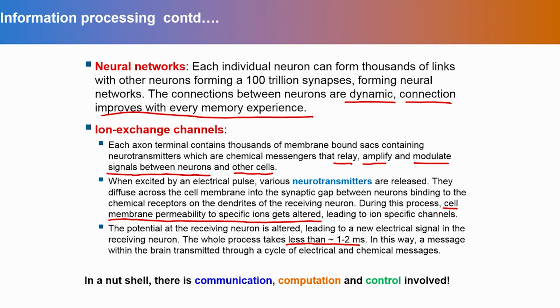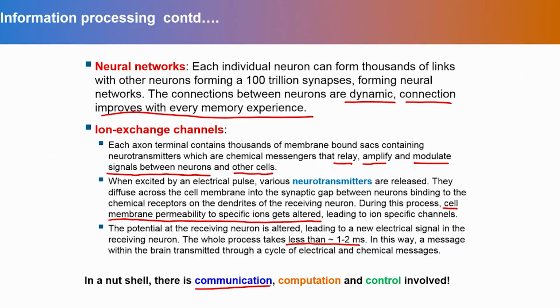In this way, a message within the brain goes through a cycle of electrical and chemical messaging process, and there is communication, there is computation, there is also control, because control comes through the external stimulus, right.